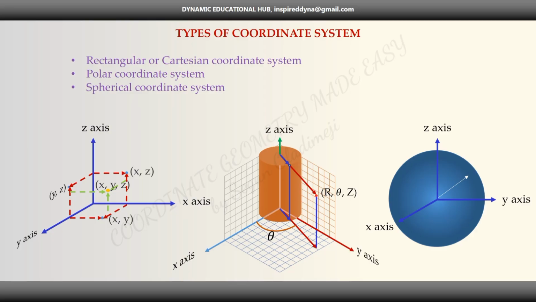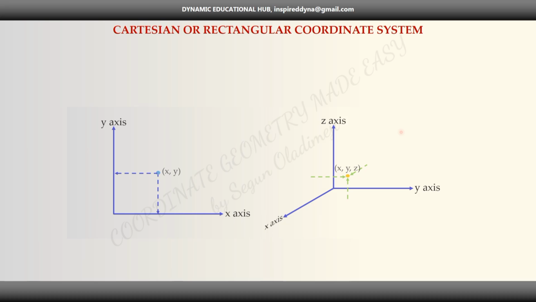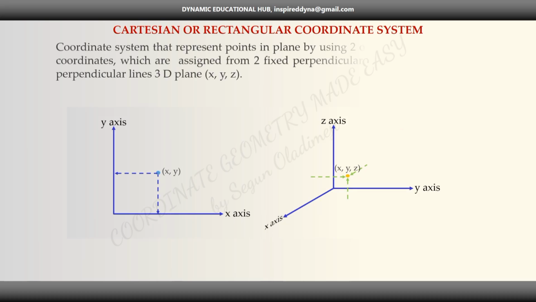Whichever one you are choosing or adopting, it is chosen in such a way that it will easily describe that point in space. And don't forget, every coordinate system will always have a reference point. Cartesian or rectangular coordinate system. Now this is the basics of plotting graph.